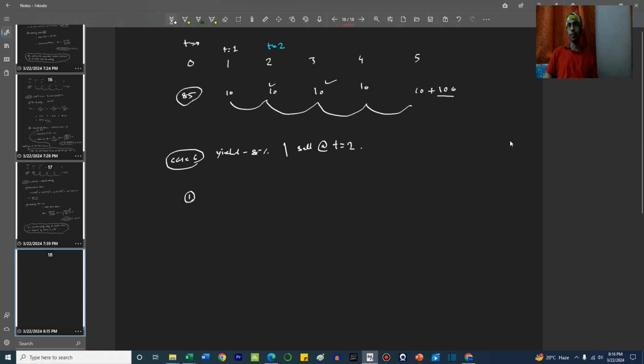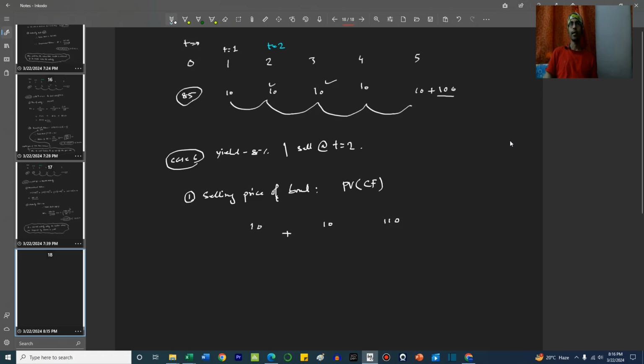The first thing we measure is what is the price at which the bond is sold. Now here there are 3 cash flows, right? This is again present value of the future cash flows. So there is a cash flow of 10, there is another cash flow of 10, and there is an ultimate cash flow of 110, right?